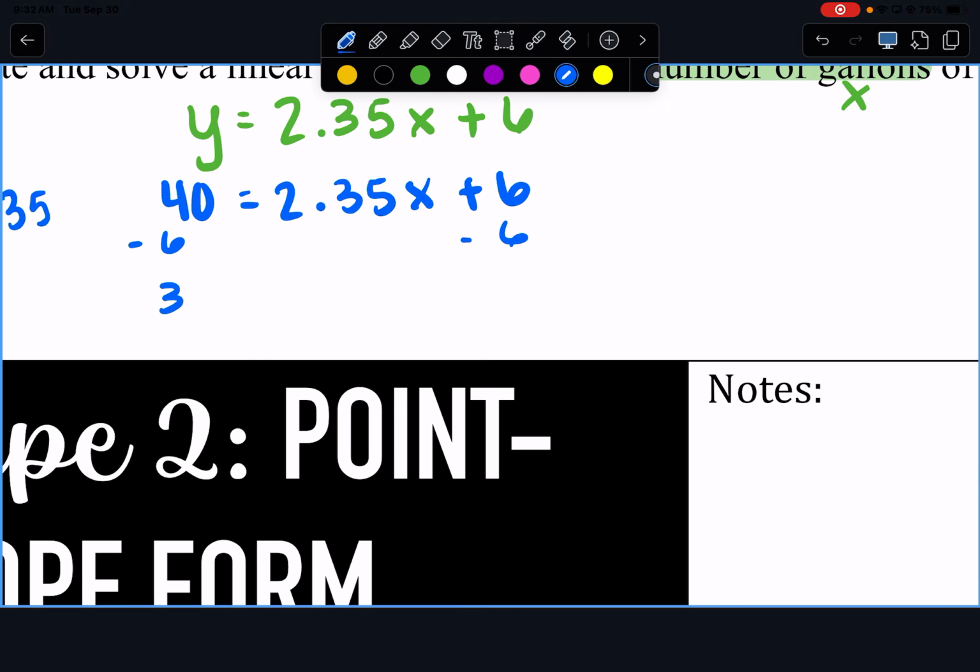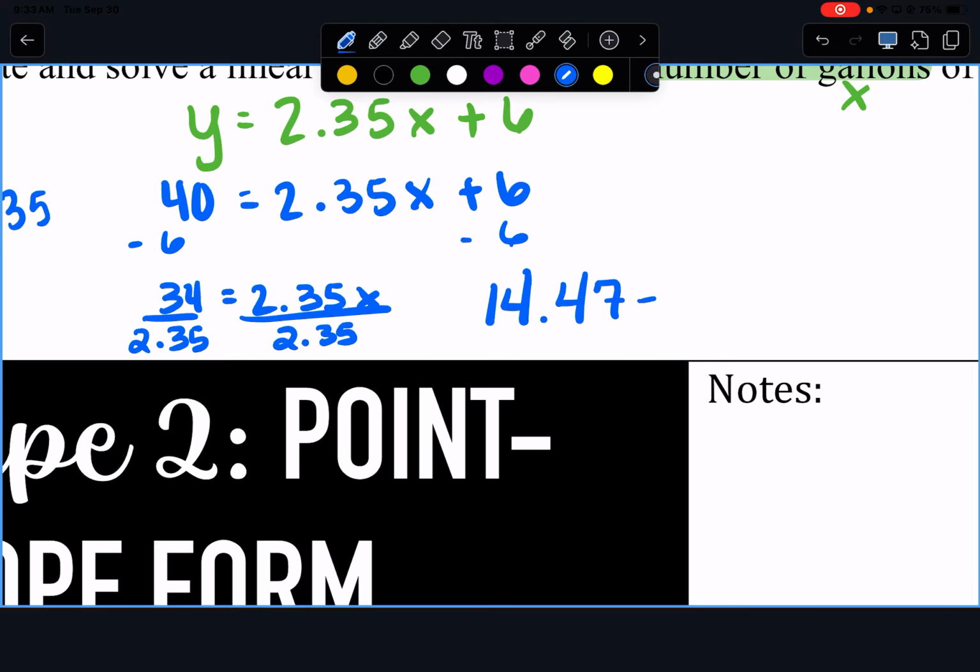So we get 34 equals 2.35x. Now what do I do? When we divide that, what do we get? If y'all want to just say 2, and just leave it as I would do 2 always. 14.47 equals our X.